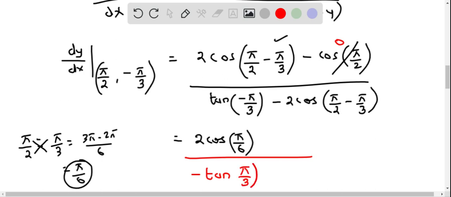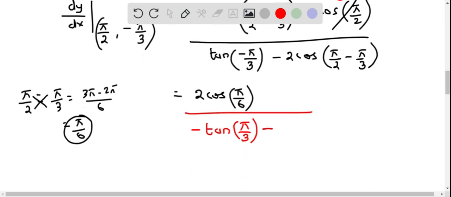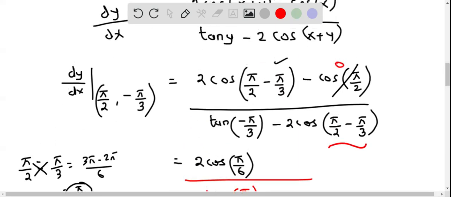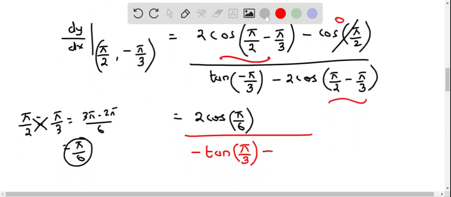This is according to the rule of trigonometry: the tangent of a negative angle is the negative of the tangent of the angle. And once again, this is the same expression as this expression. So we can put this as 2 times cosine of pi by 6.